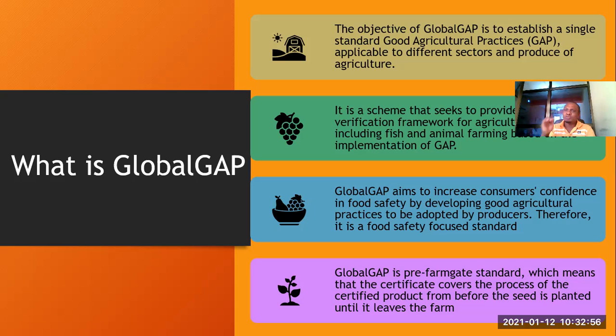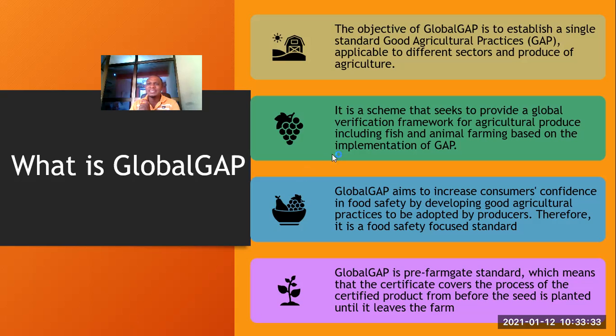Okay, so their aim is to establish a single standard of good agricultural practices. So all the things that we saw before, all the recommendations that FAO has provided to be followed when we are discussing good agricultural practices, GlobalGAP is aiming at providing a single standard that answers all those things. And once you subscribe to GlobalGAP, they can be sure that you are meeting all those things that are expected of you.